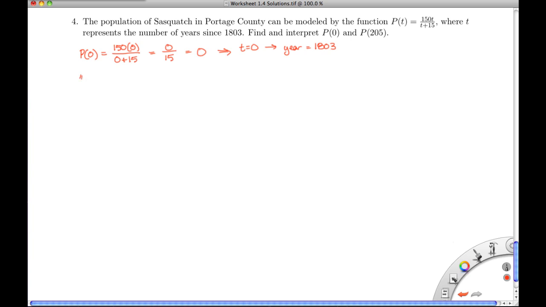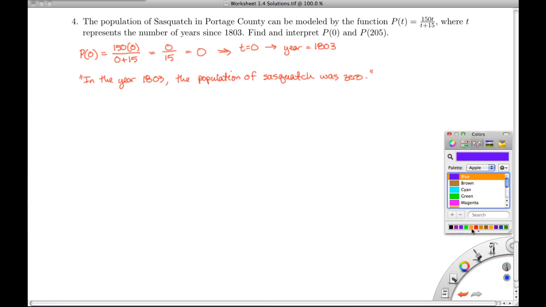So we could conclude that in the year 1803, the population of Sasquatch was 0. There were no Sasquatch in Portage County at this point in time.